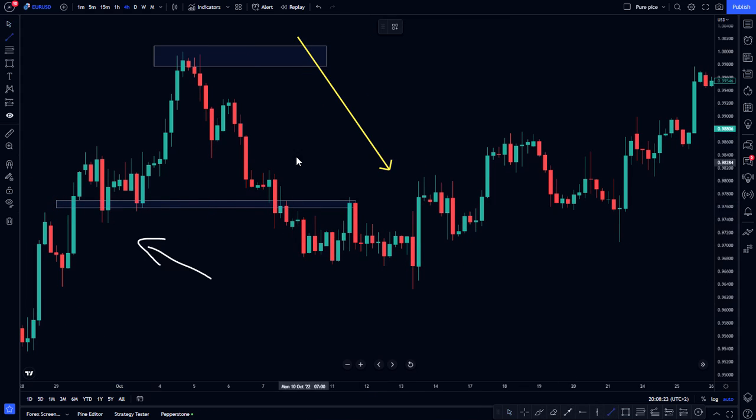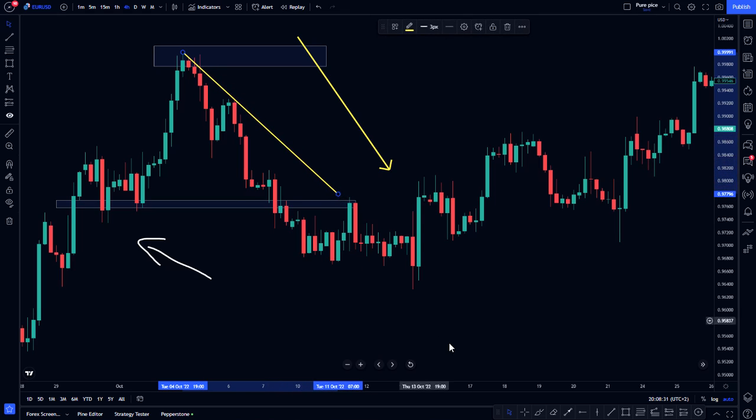For example, I will just connect these two highs, and you can see that sooner or later the market flow changes, meaning the highs now move away from that yellow trend line, and now we see a high being formed all the way down there.